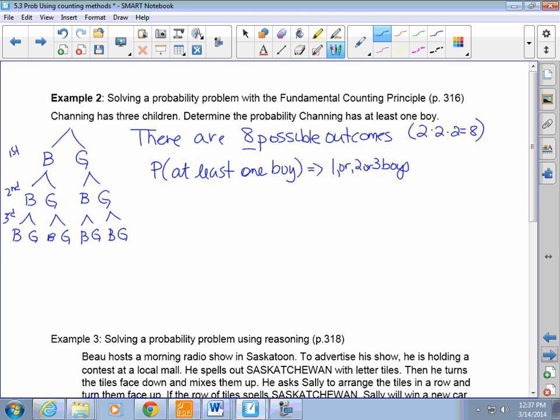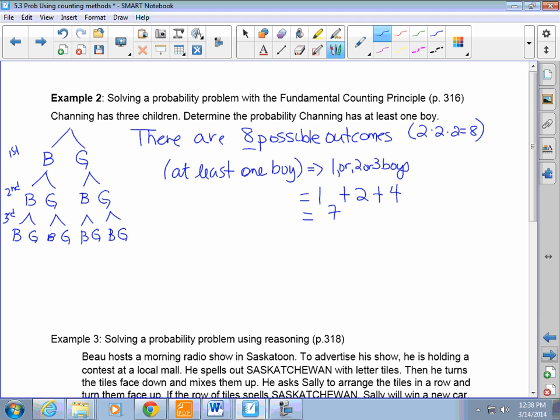So it'd be 1 plus 1, 2 plus the possibility of having 3 boys. So all I'm doing is counting my boys up on my tree diagram here, which would be 1, 2, 3, 4. So altogether then the possibility of having 1 or 2 or 3 boys would be 3 plus 4 is 7. And I shouldn't even write that as the probability yet. That's just having at least 1 boy.